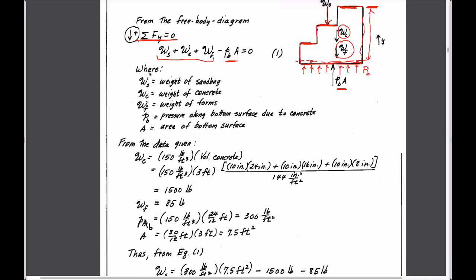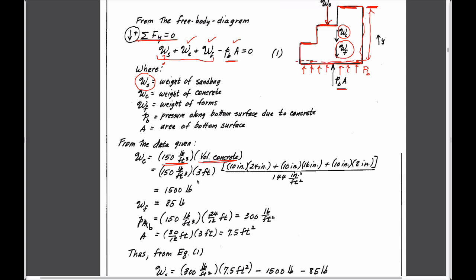So what we want to calculate is the weight of the sandbag. So this is our unknown. We can calculate each of these relatively straightforwardly just by looking at each of those. The weight of the concrete is going to be the unit weight of the concrete times its volume. And we can calculate its volume just from the volume of this step.